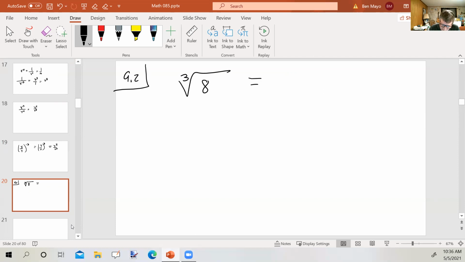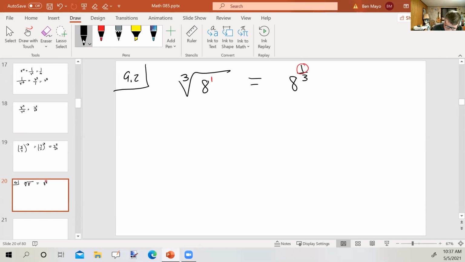The base, or the radicand in this case, is 8. The index of the radical becomes the denominator of the exponent. So the cube root of 8 becomes 8 to the 1/3 power. Keep in mind there is an implied 1 on that 8, and that 1 is right there.